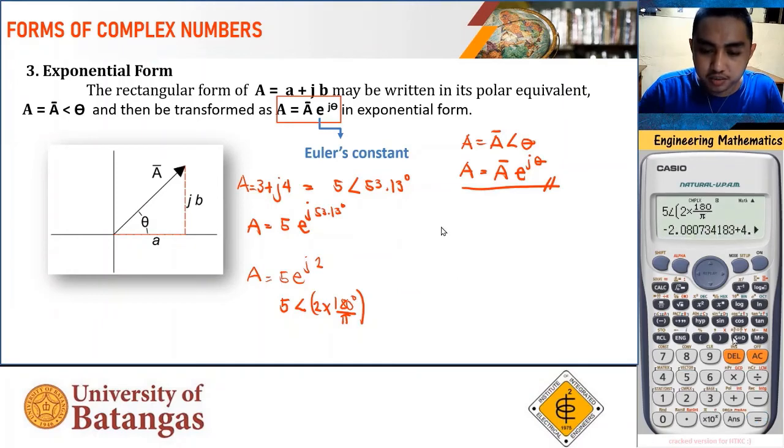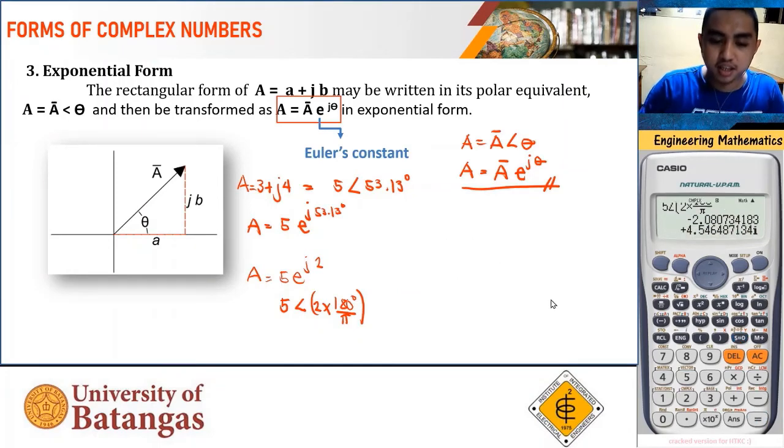So, our answer will be, ayan. So, sa rectangular form, ayan yung ating magiging answer. So, negative 0.08 plus j 4.54.